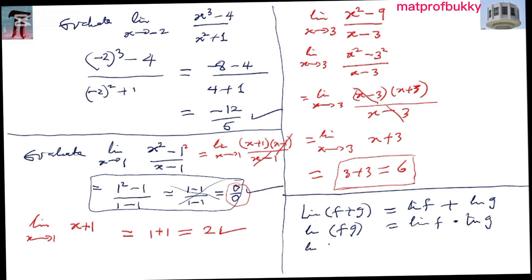The limit of a quotient, that is f over g, is the same as the quotient of their limits, limit of f divided by limit of g, but this is provided that the limit of g is not equal to 0. You must always avoid that in the denominator.